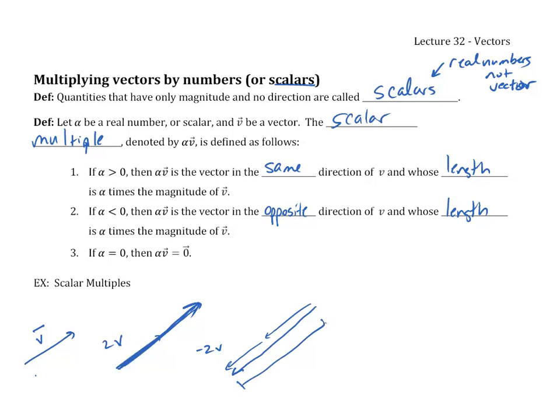So it's twice the length. That's this vector right here, but in that direction. What would a 1/2 v be? Well, if this is v here, take its length in half, namely this vector right there. So you can scale vectors by multiplying them by real numbers.